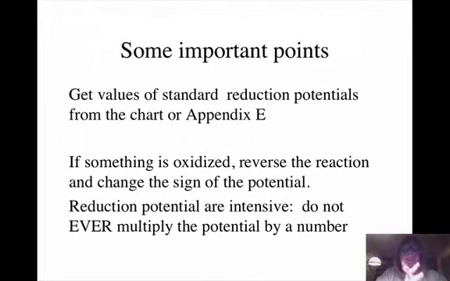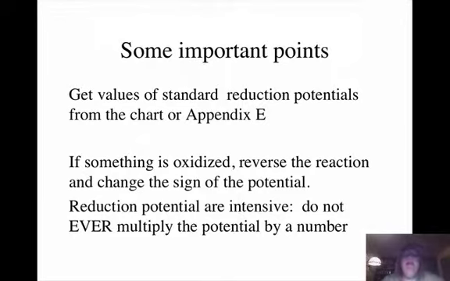Some important points. You have a table of some standard reduction potentials, and these are in aqueous solutions at 25 degrees C. Now, you'll either have this chart in front of you, you can look in Appendix E in your textbook, or sometimes in a problem, they'll just give you the reduction potentials for what you need.